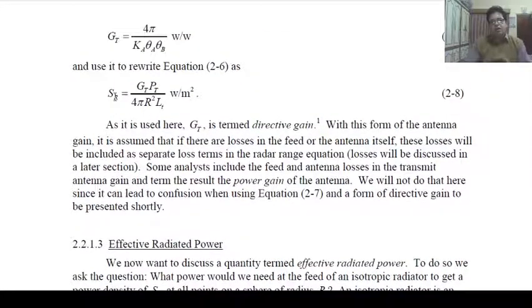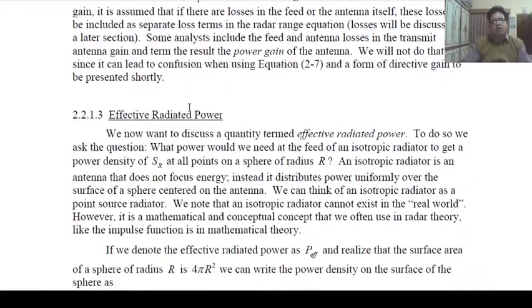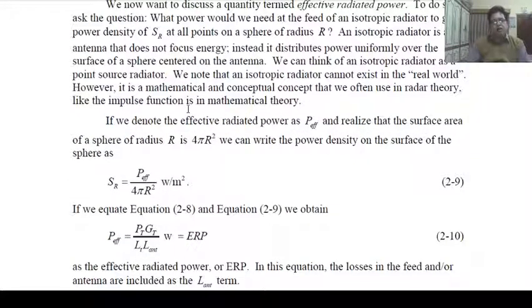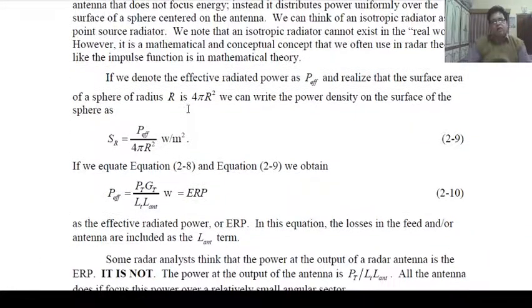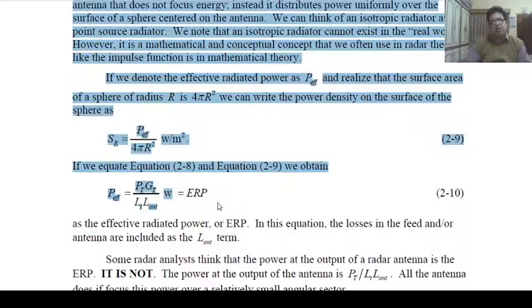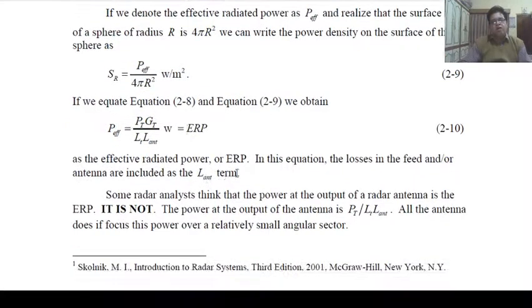What is 2.8? 2.8 is this expression for S_R. So by using this expression, P_eff becomes P_T G_T upon L_T L_ant, equal to ERP, effective radiated power. Effective radiated power is abbreviated as ERP.